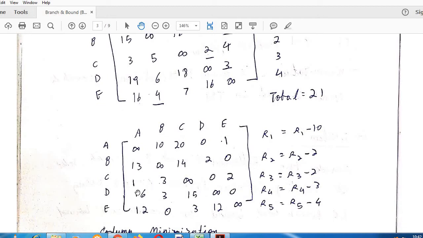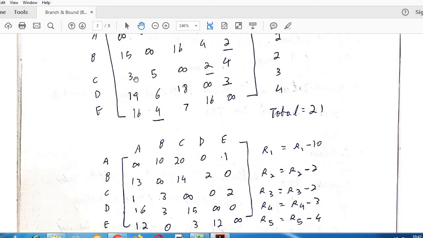Similarly for the third row, the minimum value is 2. When I subtract the third row elements with the minimum value of 2, I will get 13, infinity, 0, 2. Then I will take the fourth row and subtract the minimum value of that particular row.